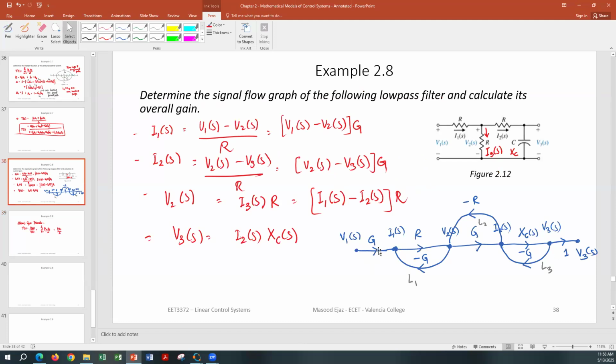The gain of the forward path is G times R times G times X_C, the weight of each branch multiplied by each other, G squared R X_C.